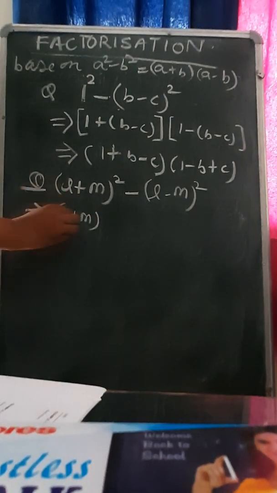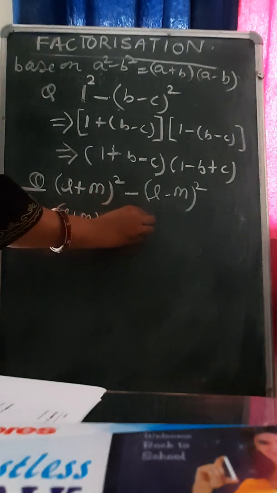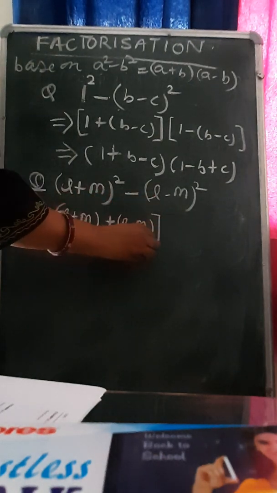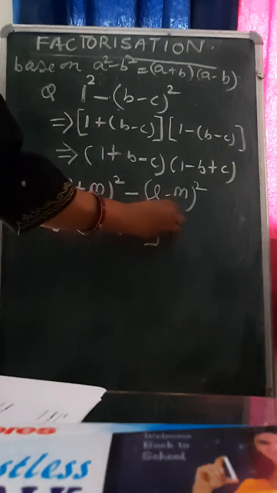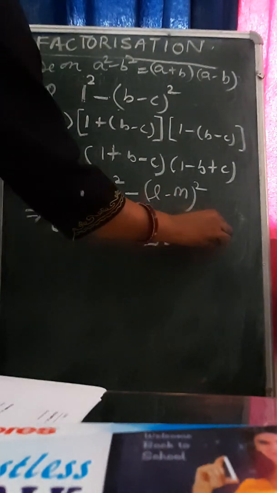Okay. Similarly, we can do this question also. Here it is l plus m plus l minus m in one group and l plus m minus l minus m in the other group.